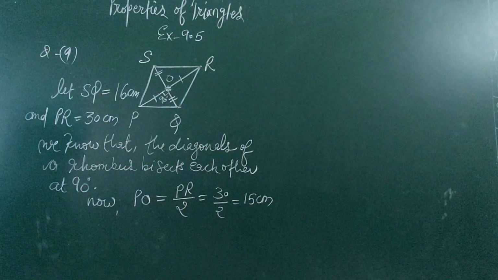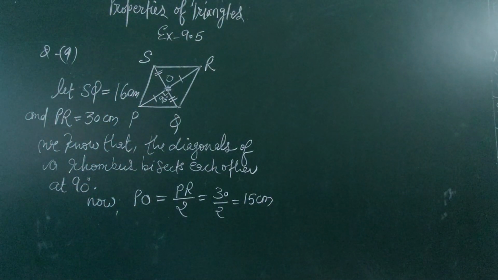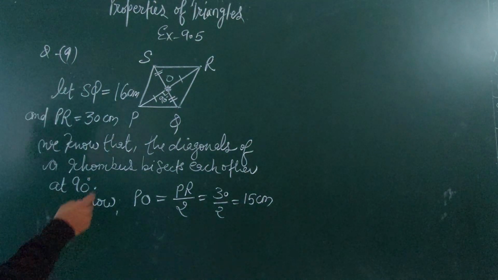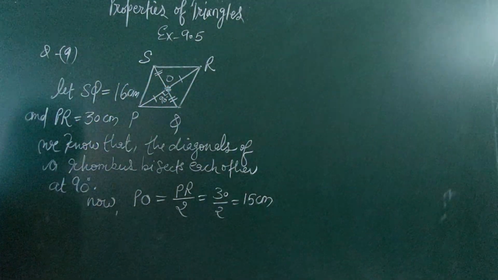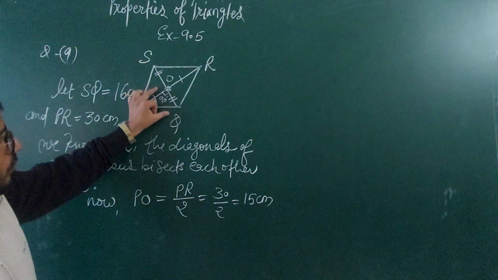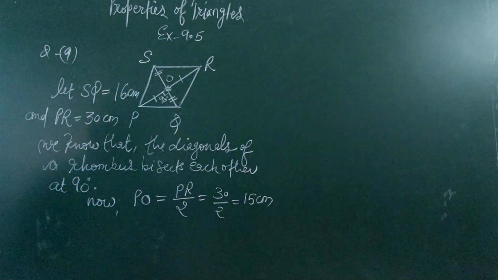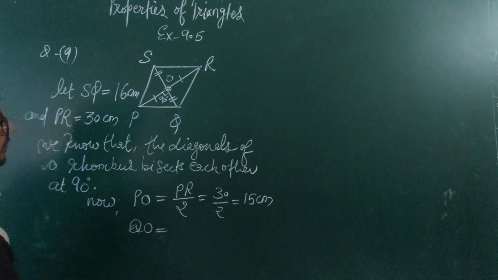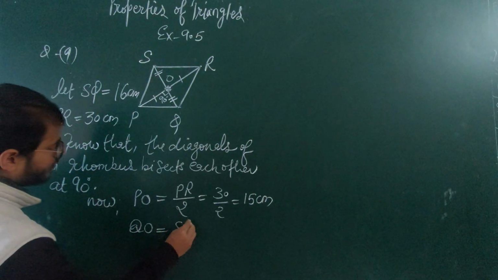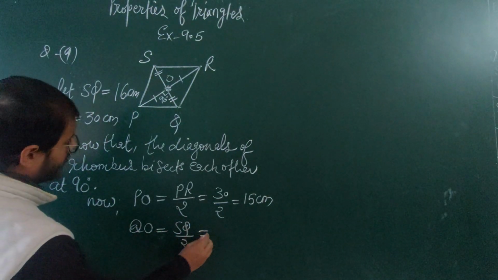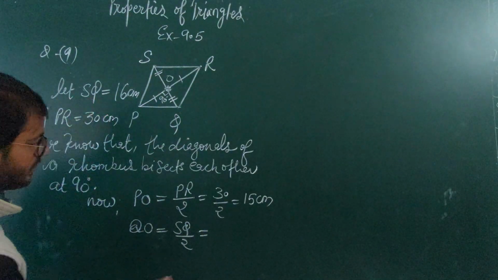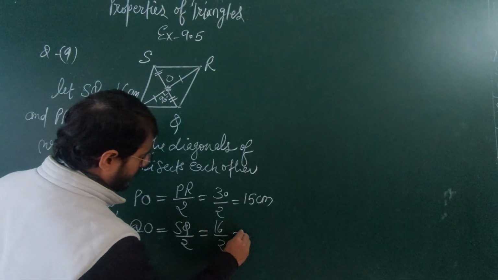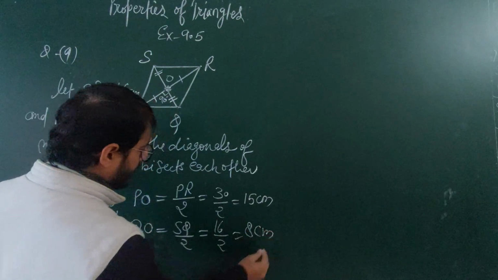It is the value of PO. Now we need to find the value of QO. Clearly, QO will be half of SQ. So QO will be equal to SQ upon 2. SQ is 16, so it is equal to 8 centimeter.